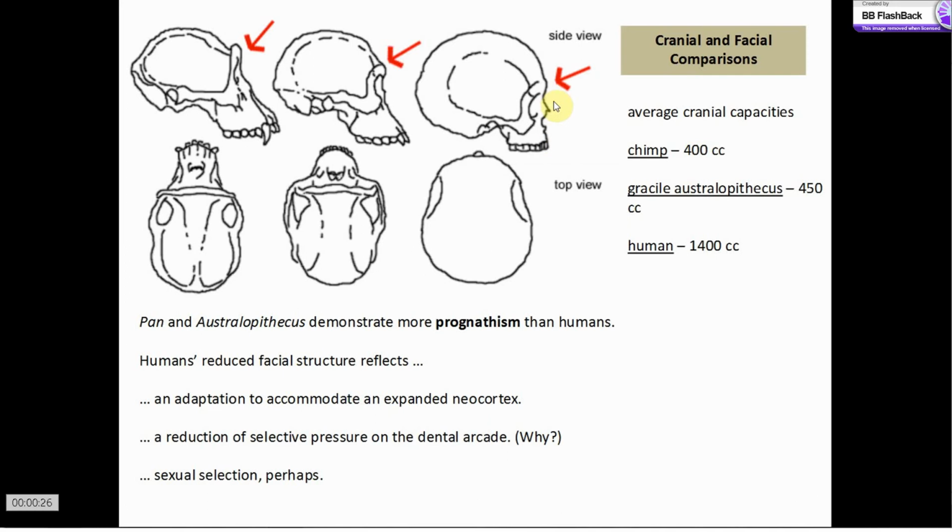And also, our facial structure being reduced in this way could be a result of sexual selection. That is to say, that maybe at some point, late Australopithecus or early Homo just started to find it sexy to have less prognathism, or a face tucked in under a skull, or to have a large forehead.